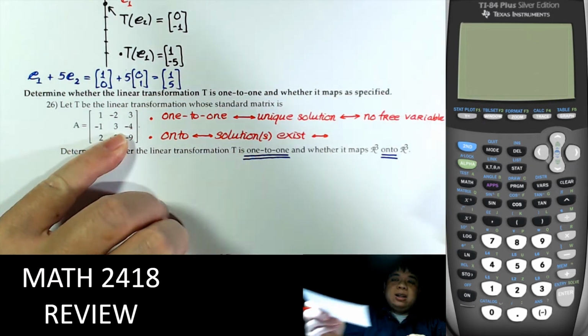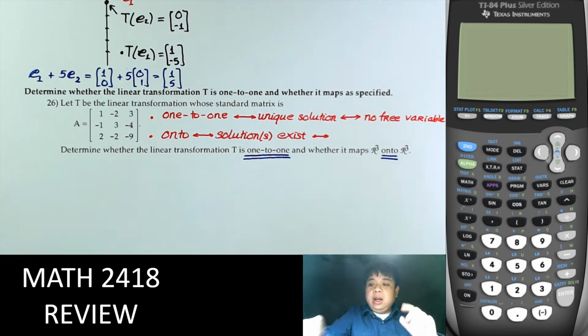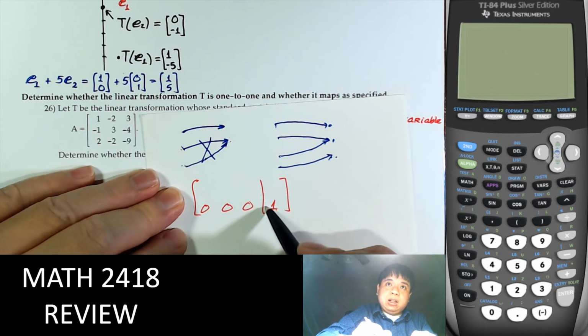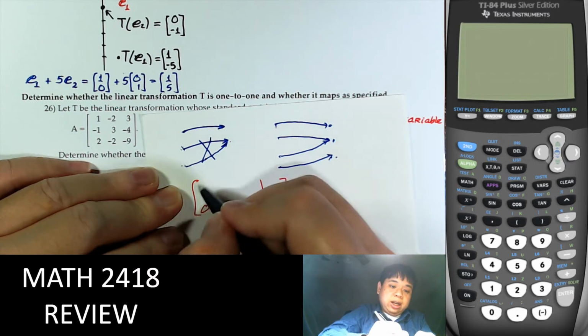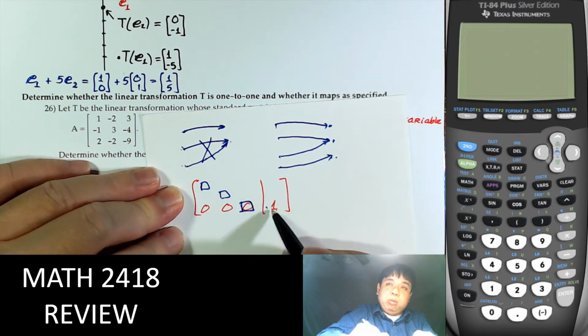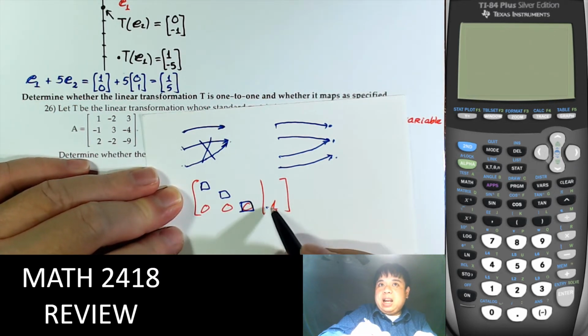We don't want that. So the point here is, if we do not want this situation, there's a way to say that if we have the pivot on every row, there will be no room for the pivot to be in the last column.